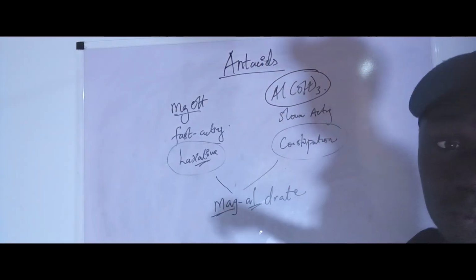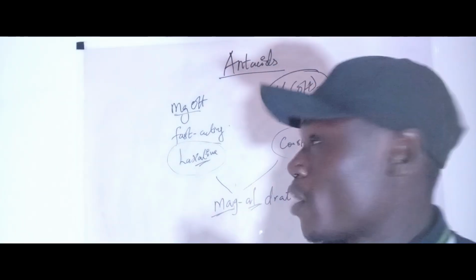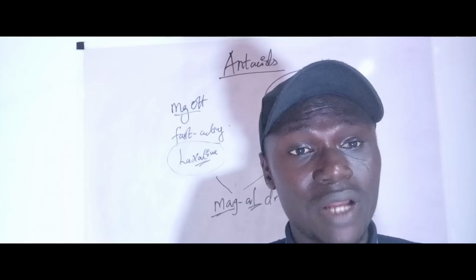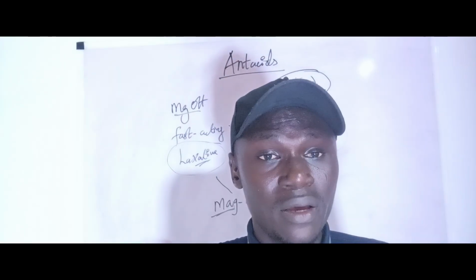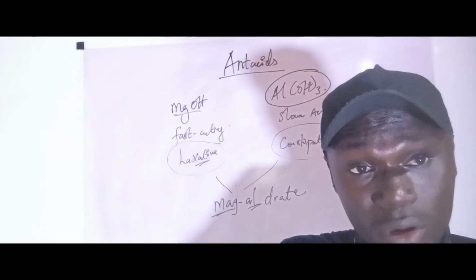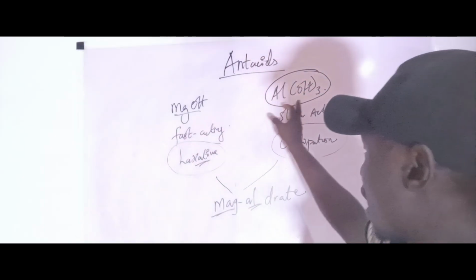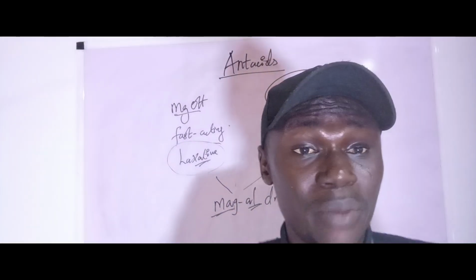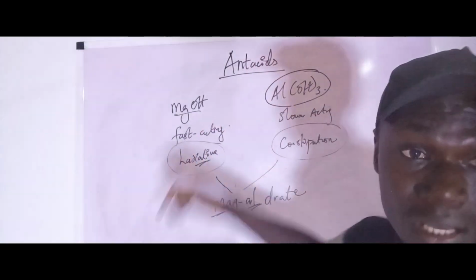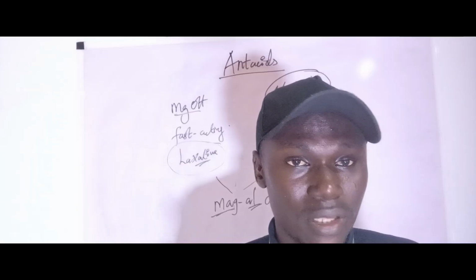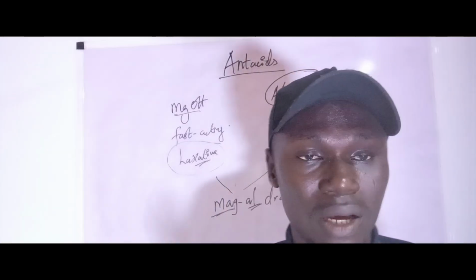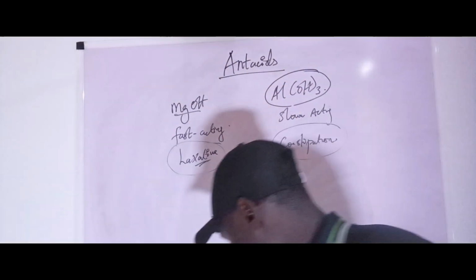This fresh aluminum hydroxide is more effective compared to giving aluminum hydroxide alone, because aluminum hydroxide alone can undergo polymerization during storage and become less effective. But when you give it in the form of magaldrate, it releases aluminum hydroxide, which will have a better effect in alleviating ulcer pain. You get it now? But the major reason is that they cancel out their side effects, so they are very effective.